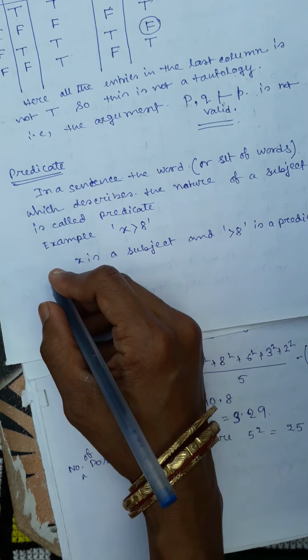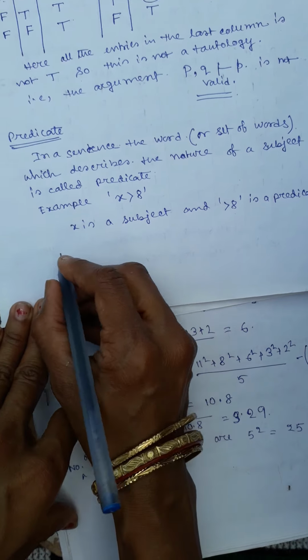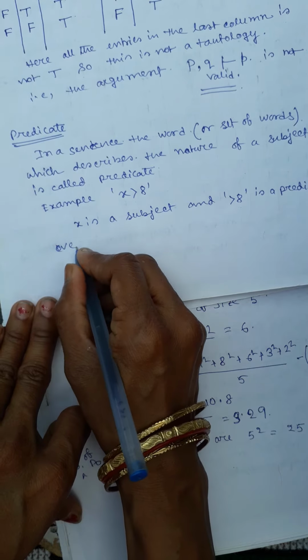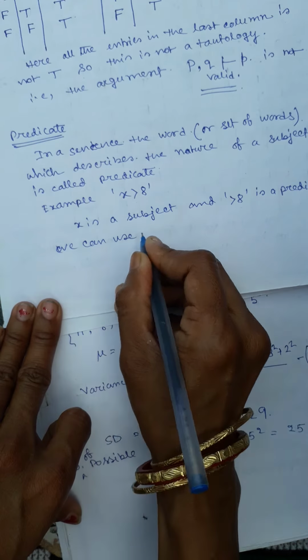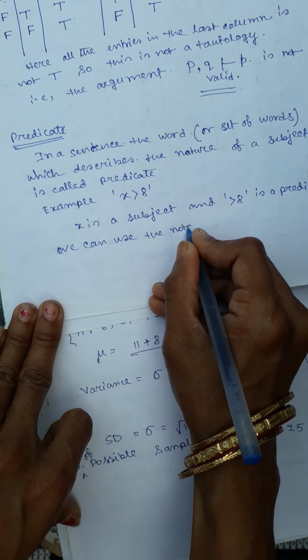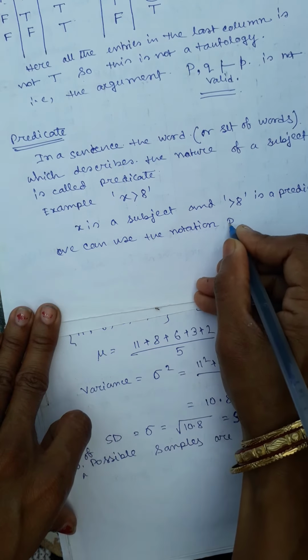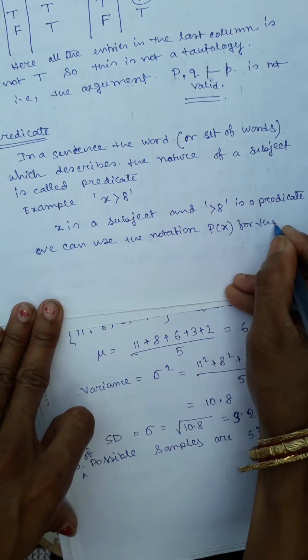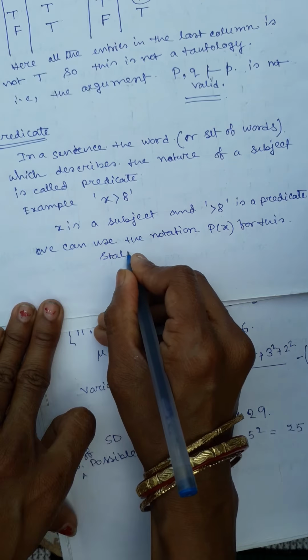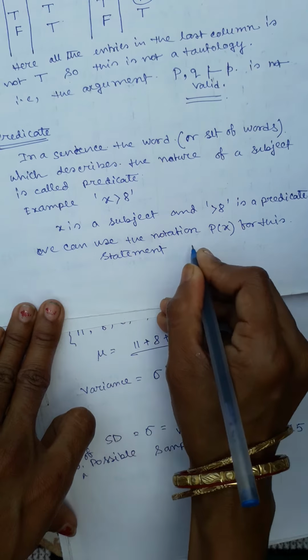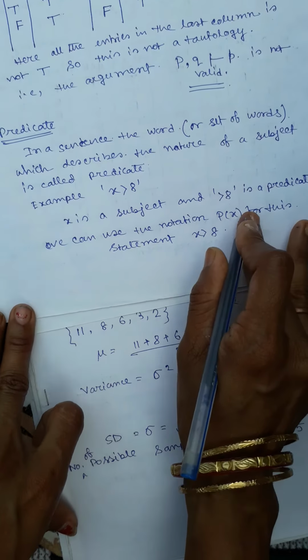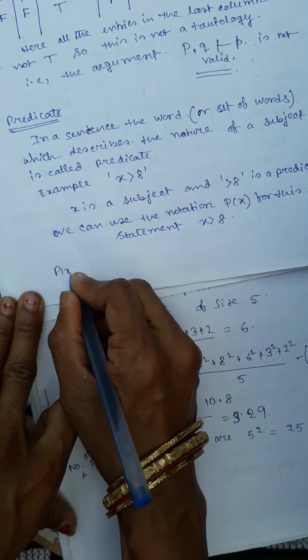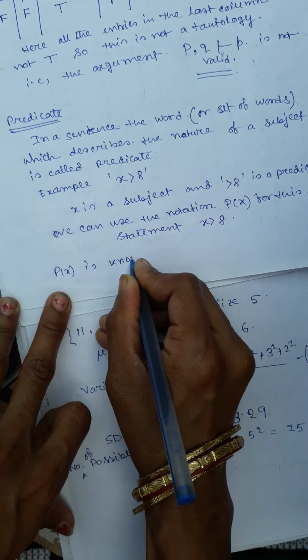Okay, so we can use the notation P(x) for this statement x greater than 8.